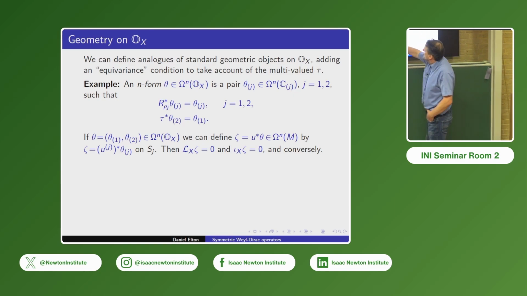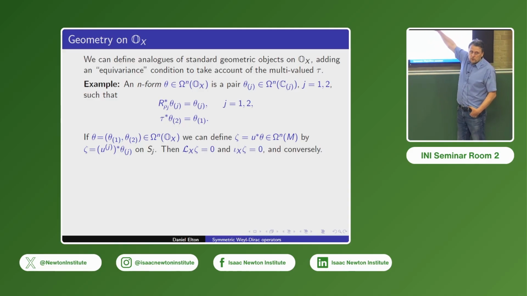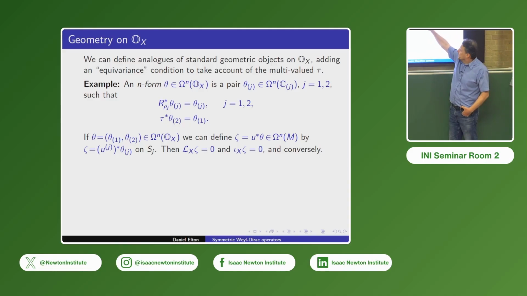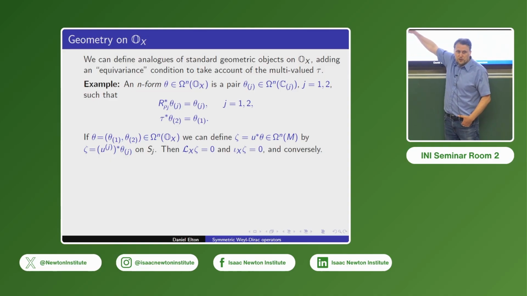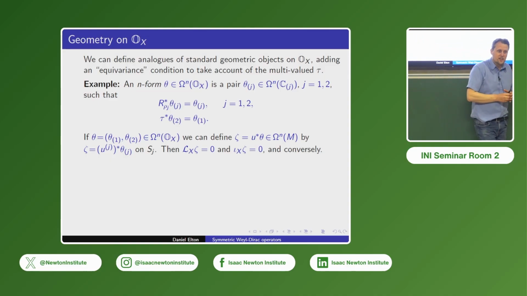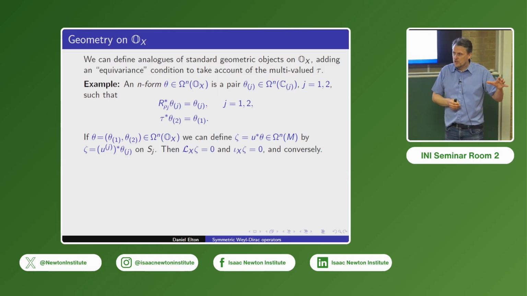So if you take an n-form on the orbit space, you can pull it back to the three-dimensional manifold. You can do this by pulling back either of the individual forms using the corresponding maps uj. These uj's are multi-valued, but you can show that it doesn't matter which j you choose or which branch of the uj you choose, you will get the same n-form on the three-dimensional manifold.